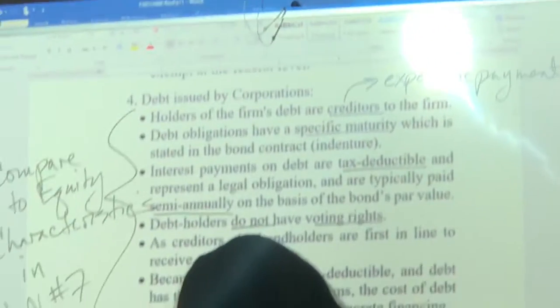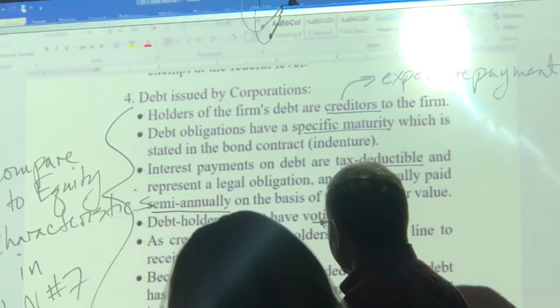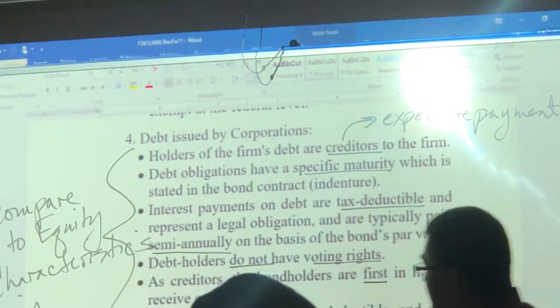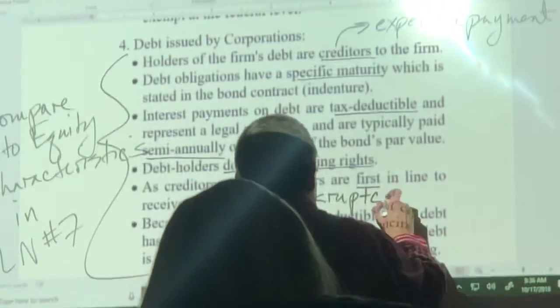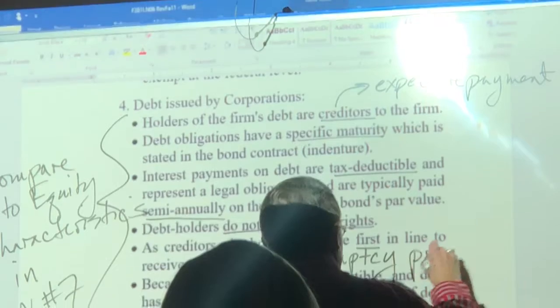Company is being run. As creditors, the bondholders are first in line to receive earnings and bankruptcy proceeds.